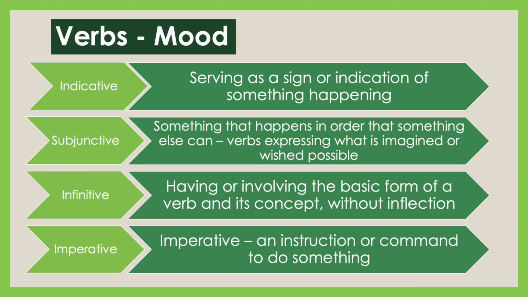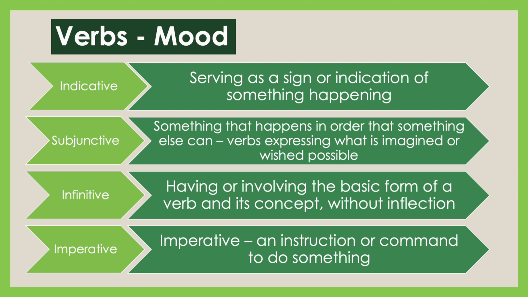Then there is mood. The four main moods are indicative, serving as a sign or an indication of something happening. Most verbs in English are indicative. They're basically the most simple form of a verb. Subjunctive is something that happens in order that something else can happen, a verb expressing either what is imagined or wished to be possible.